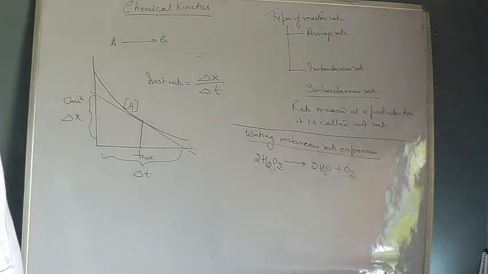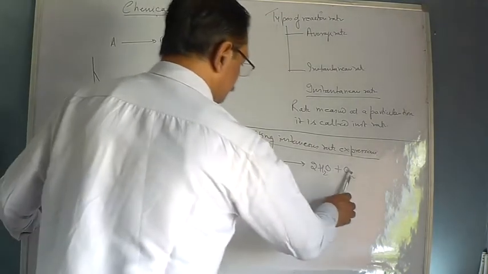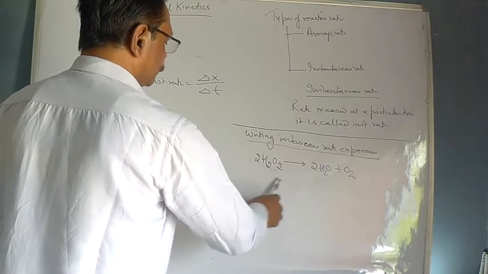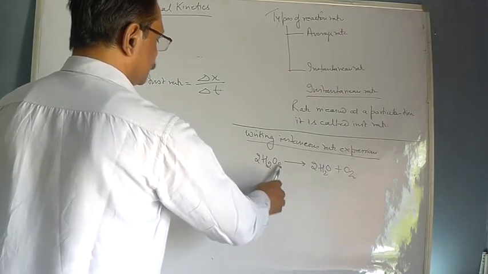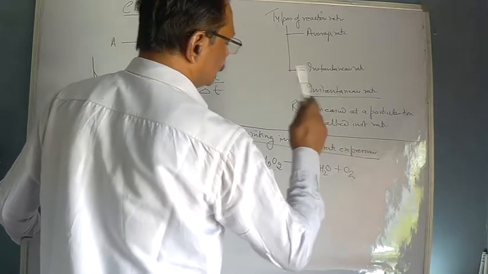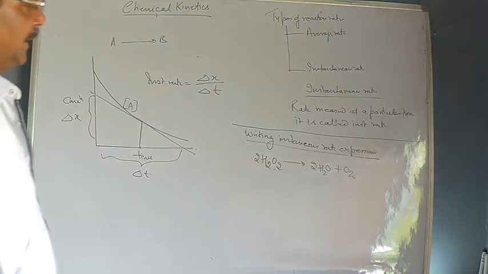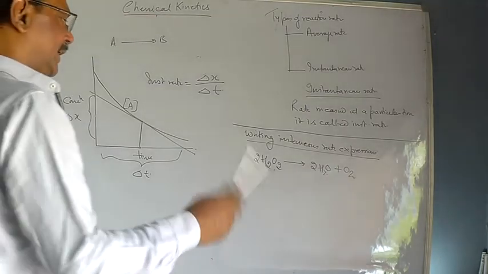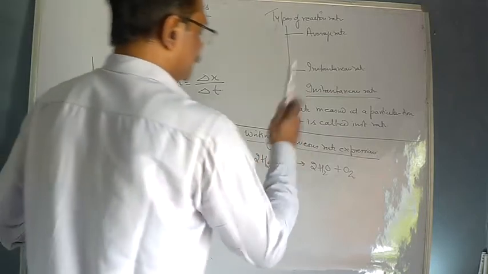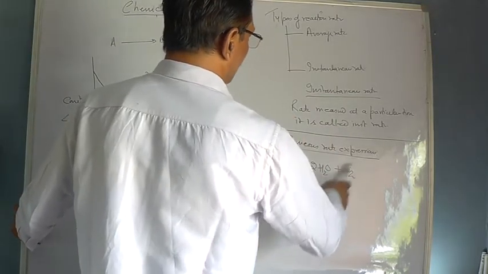Class, if you consider only these two, see, the time required by 2 moles of H2O2 to decompose is same as time required by 1 mole formation of O2 gas. I repeat again, the time required by 2 moles of H2O2 to decompose is the same time in which 1 mole of O2 gas is formed.